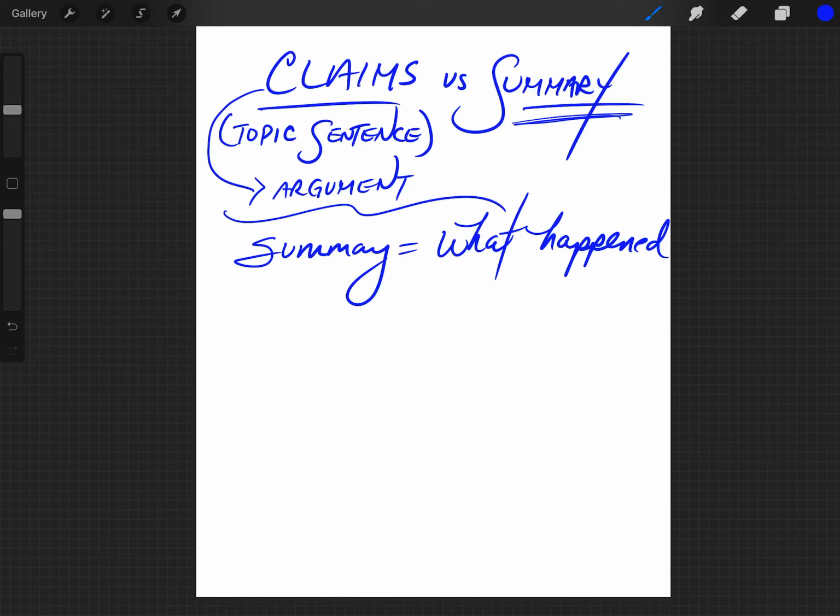That's a simple example. Ms. Marvel really wanted bacon, but it was against her religion, and so she eventually becomes a superhero. Those are all things that simply happened. They aren't things that we're making any kind of argument about, so they aren't arguable. We all agree that that's what happens in the story.